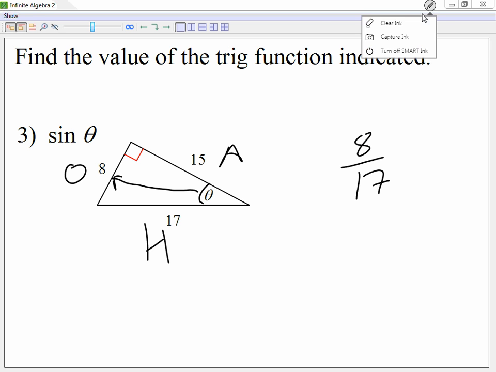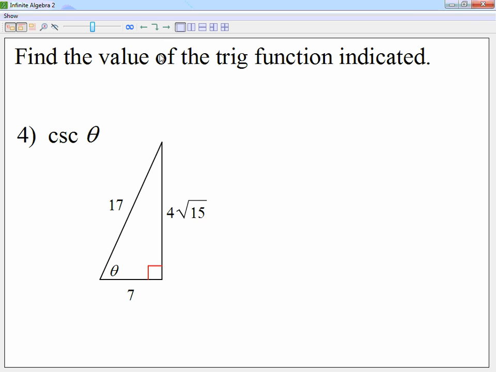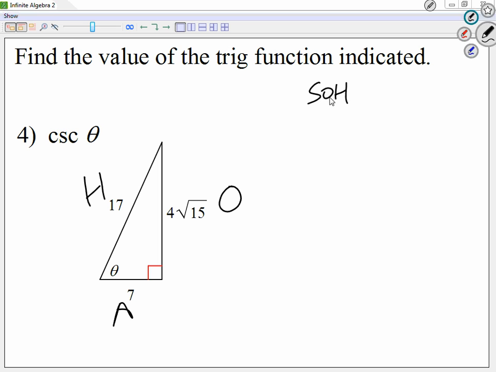Now let's take a look at cosecant. Question number 4. I'm going to label them the same way I was doing for sine. 17 is the hypotenuse. From theta, this is the opposite, this is the adjacent. I know that sine is opposite over hypotenuse. I told you guys that cosecant is the reciprocal.